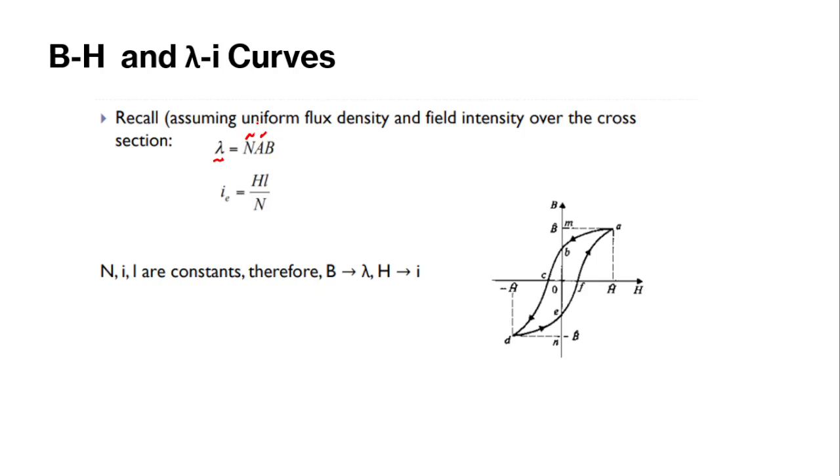Then to go from H to I, we know the equation: Ni = HL. So you make I the subject and you get I = HL/N, multiplying the value of H by the length divided by the number of turns. That lets you go from B-H to lambda-I and vice versa.